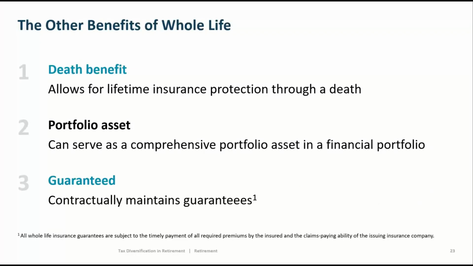So a couple of the benefits here, you've got the death benefit, which allows for that lifetime insurance protection. You can think of the cash value as a portfolio asset, part of a comprehensive portfolio in your plan. We think of it as a non-correlated asset, meaning the cash value inside the policy is not in the stock market.